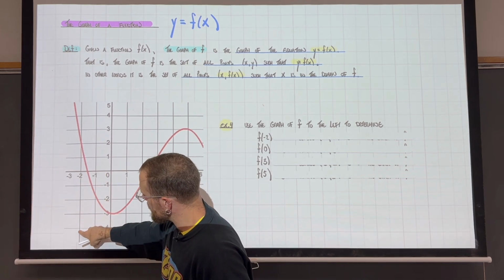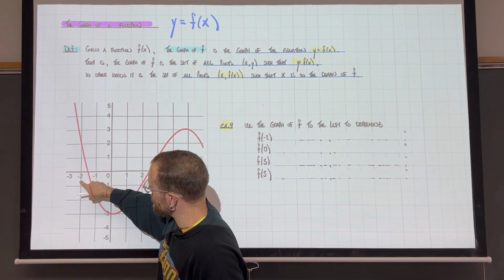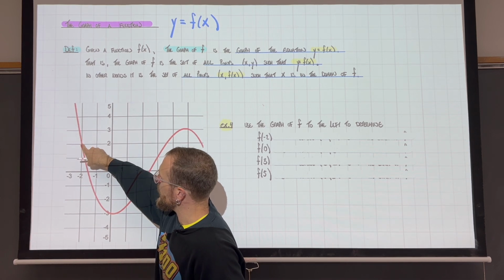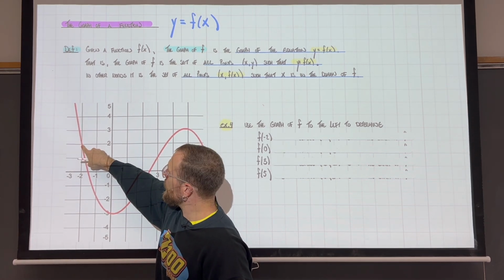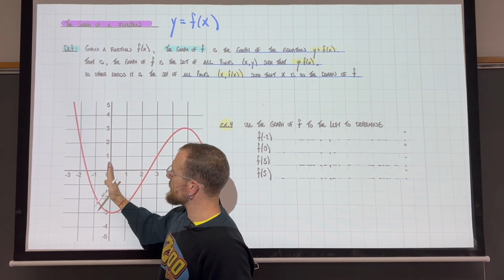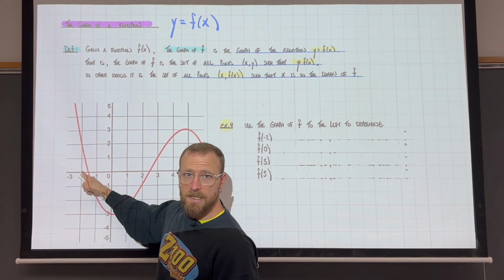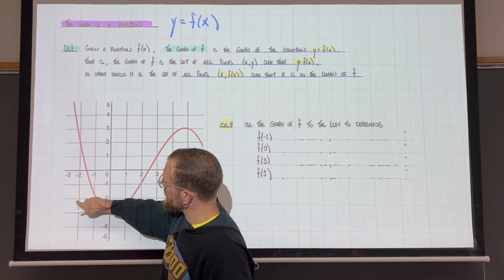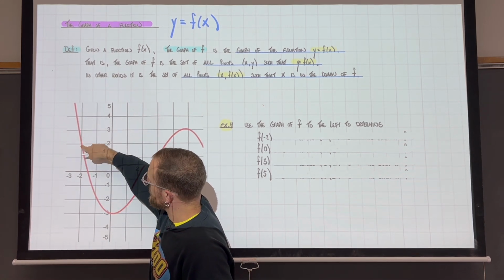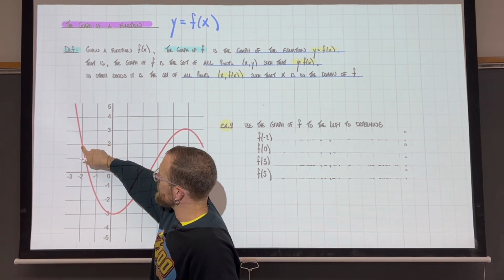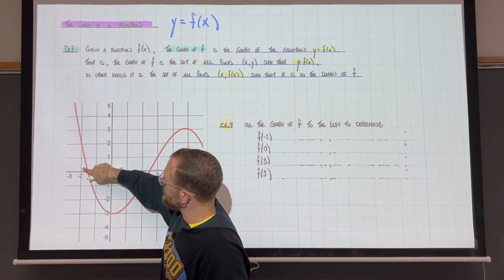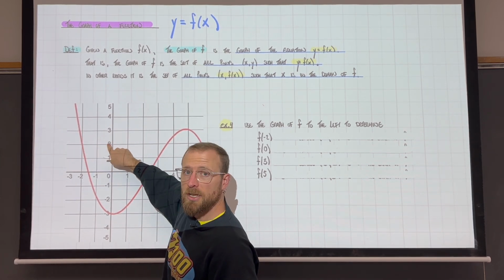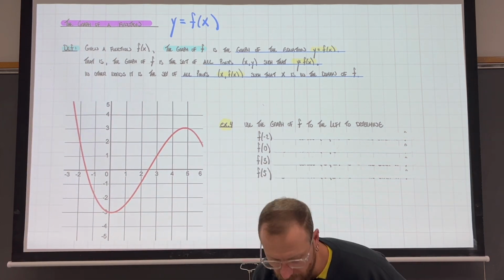Now, x equals negative 2 is here. All of these points have x coordinate negative 2, but only one of those points is on the graph, and it's right here. Okay, so I went over along the x-axis and I found negative 2 on the x-axis. And now what's y? Well, I scan visually up and down until I come to the graph, and the graph shows me that this point with x coordinate negative 2 and y coordinate 2 is on the graph.